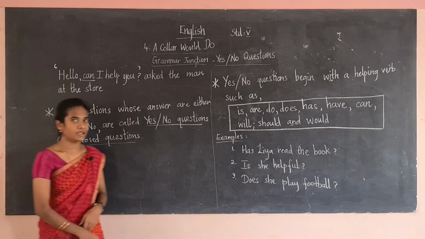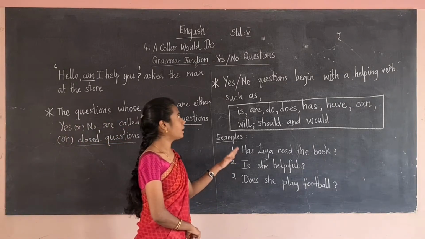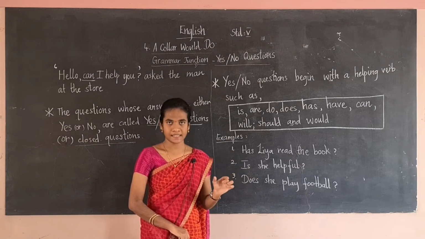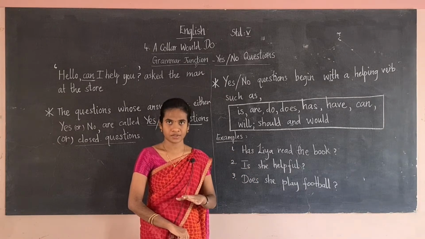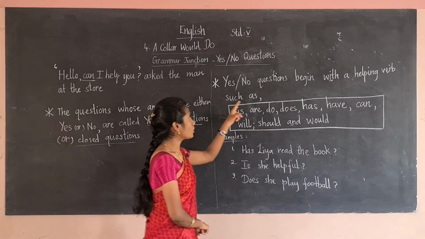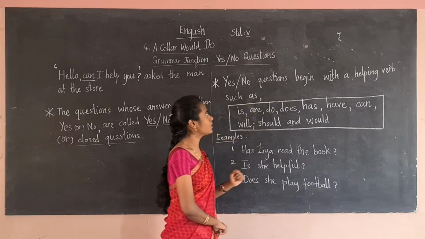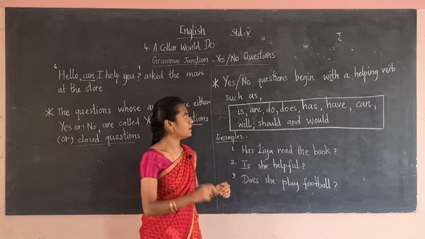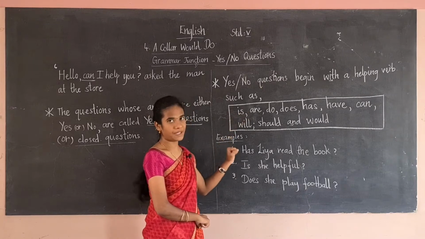Then we can see how we can frame the questions. For a yes or no question, let's see how you have to frame the question. Yes or no questions always begin with the helping verbs. What are the helping verbs?